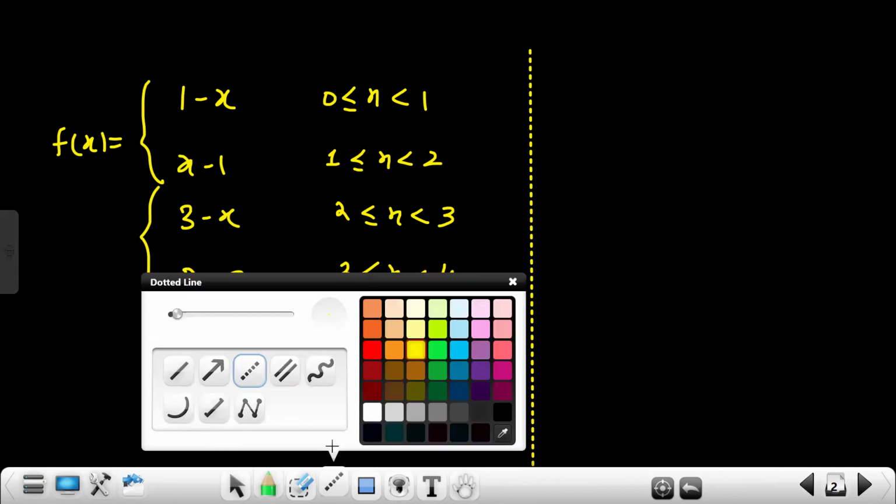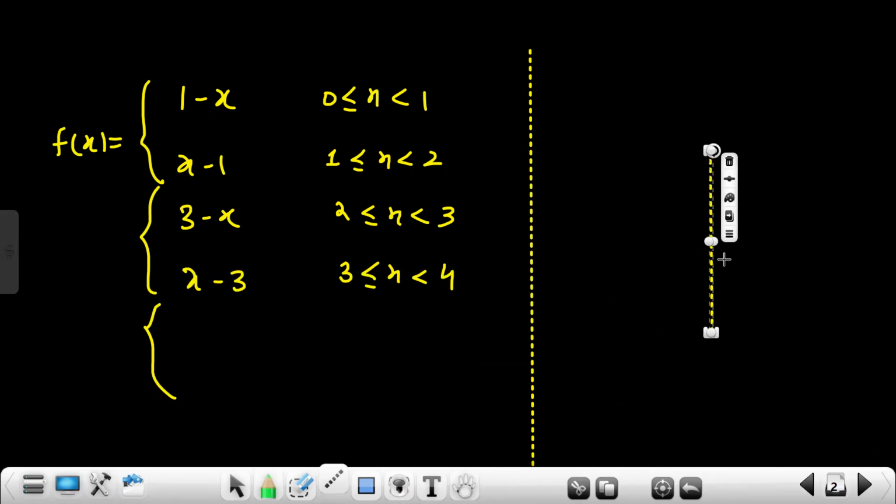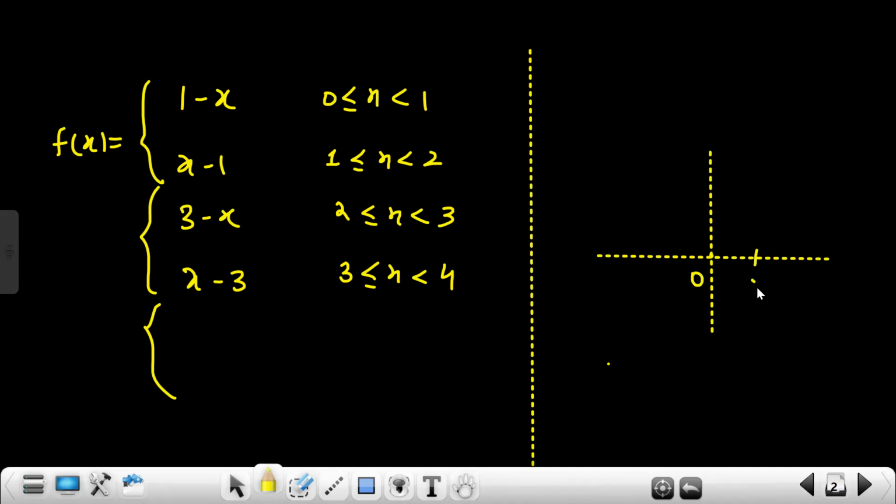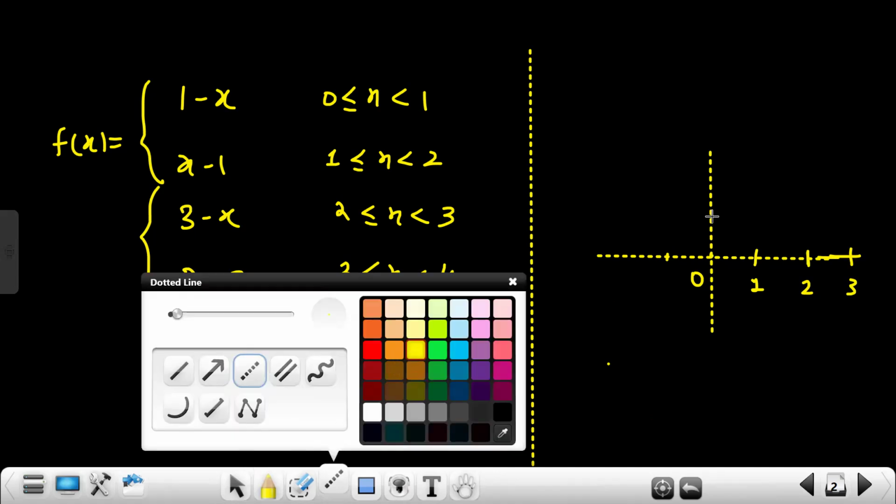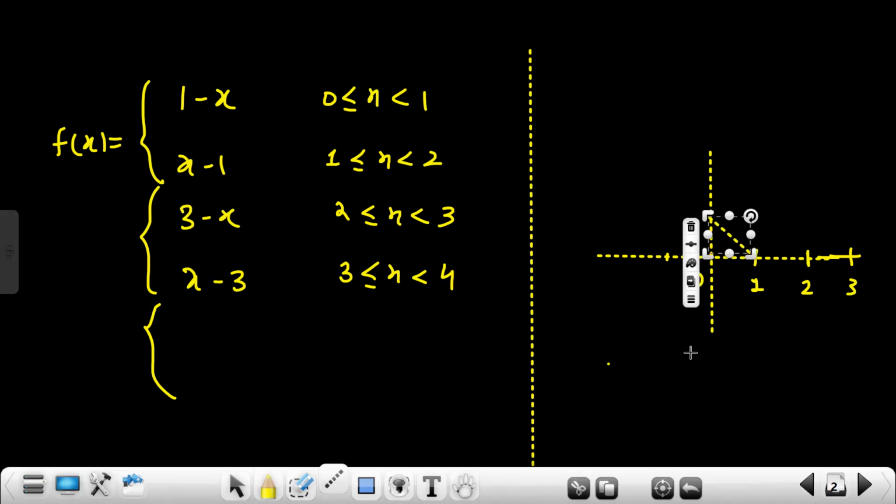So if we try to draw the graph, with x between 0 and 1, 1 and 2, 3 like this, you will get a function like this actually.